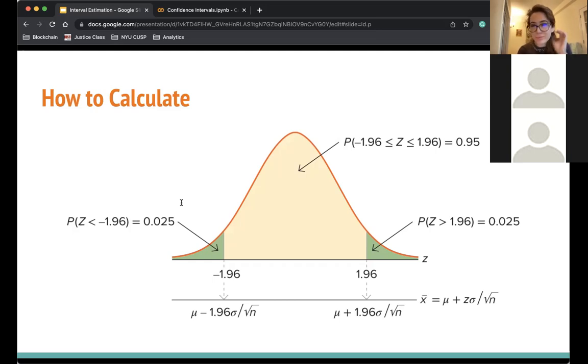Got it. And that's what we use to get the Z score. So that's the Z score right there, or part of it. 1.96. Yeah. And that represents the number of standard deviations away from the mean that would leave just 0.025 of the area under the curve to the right of it.